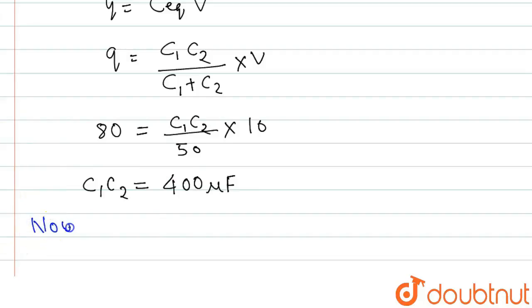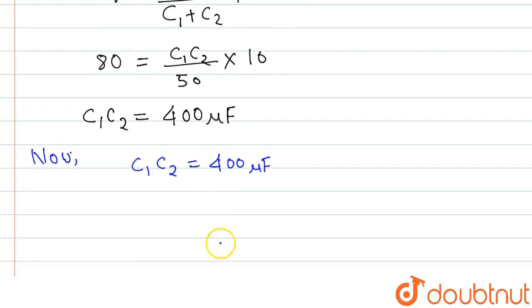Okay, so now we got two equations: C1 into C2 equal to 400 microfarad, and C1 plus C2 is 50 microfarad.